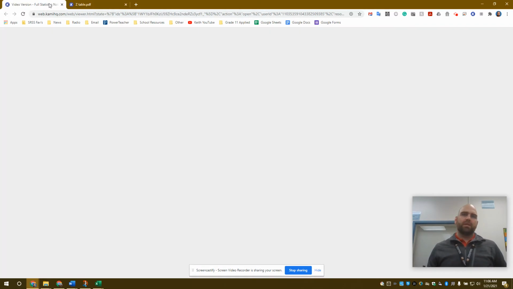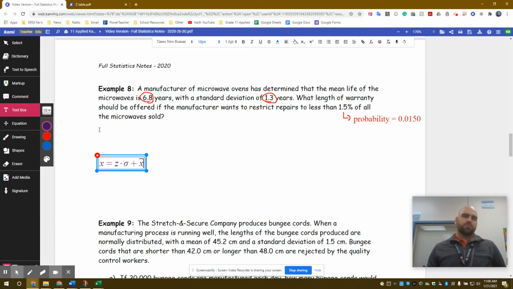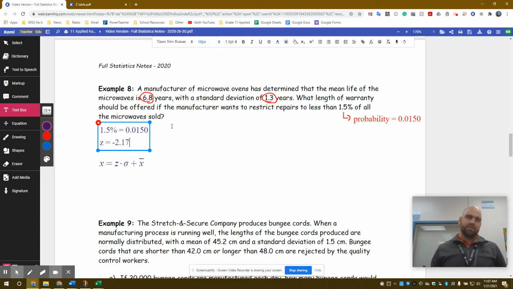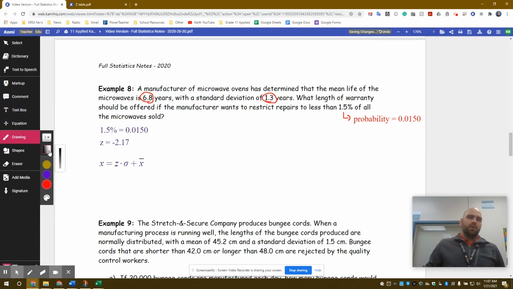I'm going to write this out a little more here. 1.5% is equal to 0.0150, which has a Z-score of negative 2.17. So this probability is directly related to that Z-score.